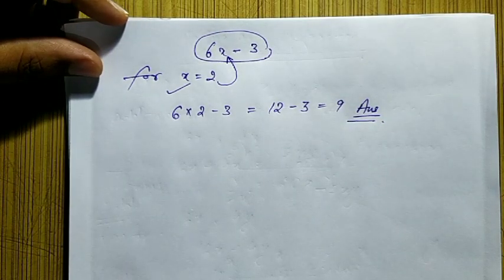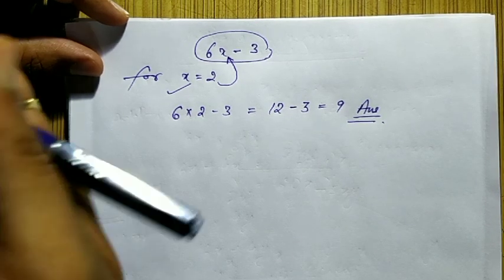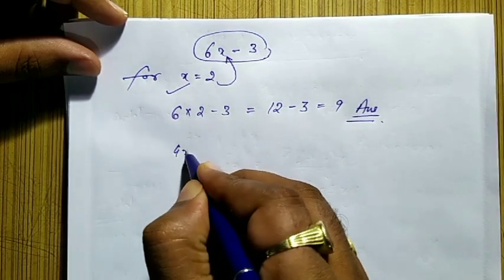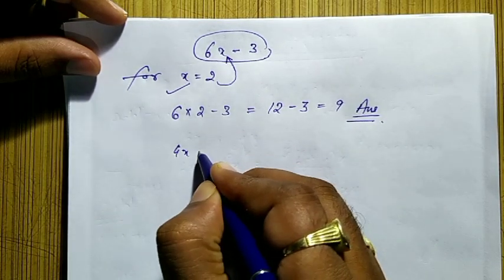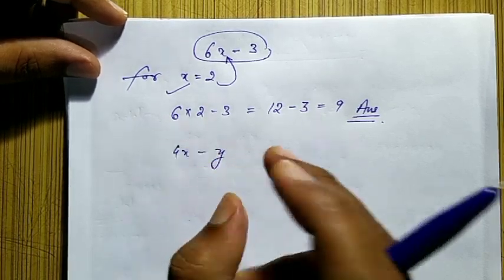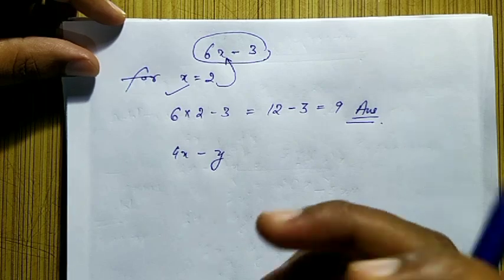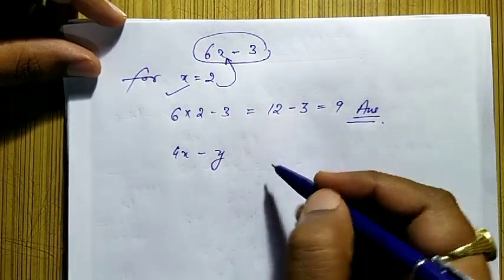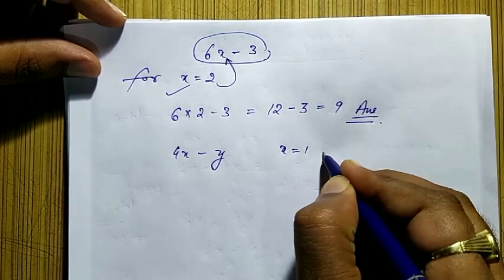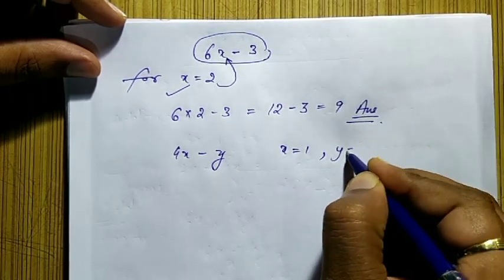Like this you have to find the value of the expression. Suppose two variables are there, 4x minus y, and the question is to find the value of the expression for x equal to 1 and y equal to 2.